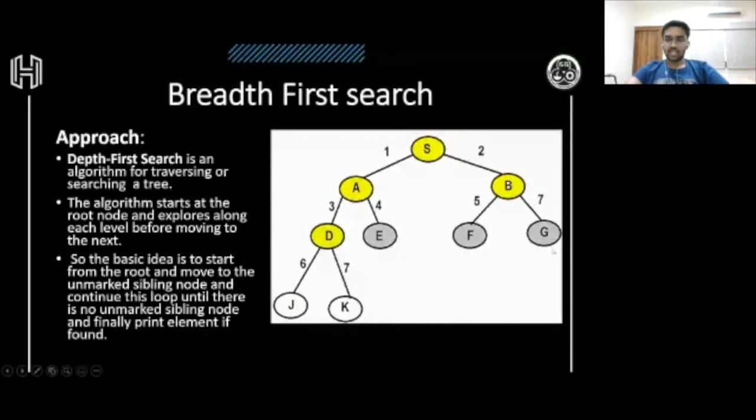So when we see G, we again backtrack or we move to D, and at D we check J. So J is not our element. Our element to be searched was K. So you check J. J was not our element. You backtrack, and from D, when you check K, you will find K, and yes, you can say yes, I found K, but after a lot of steps.